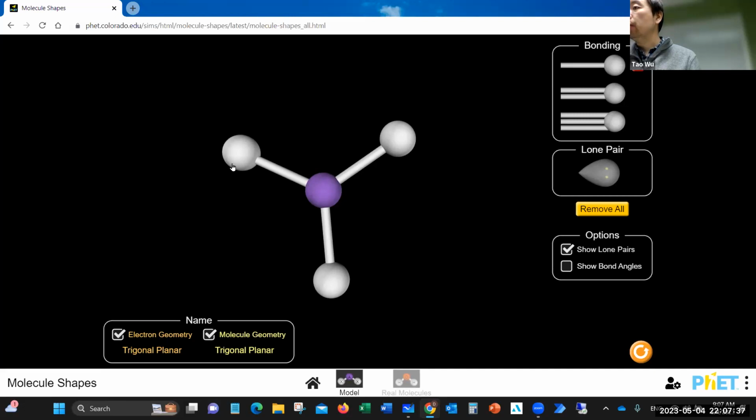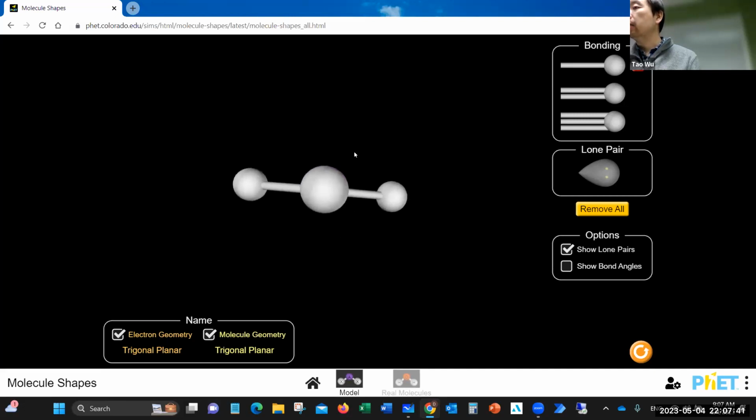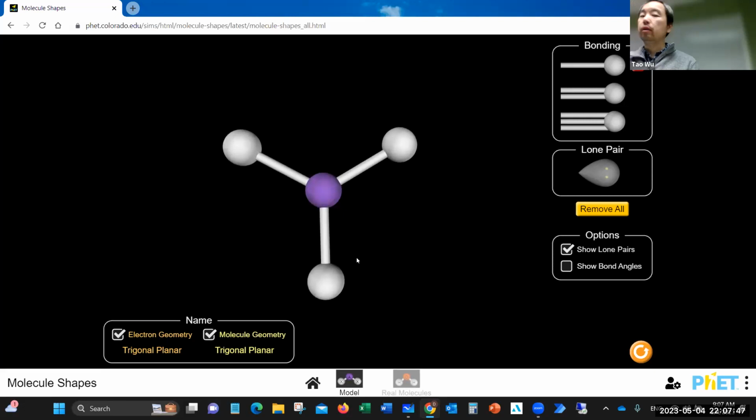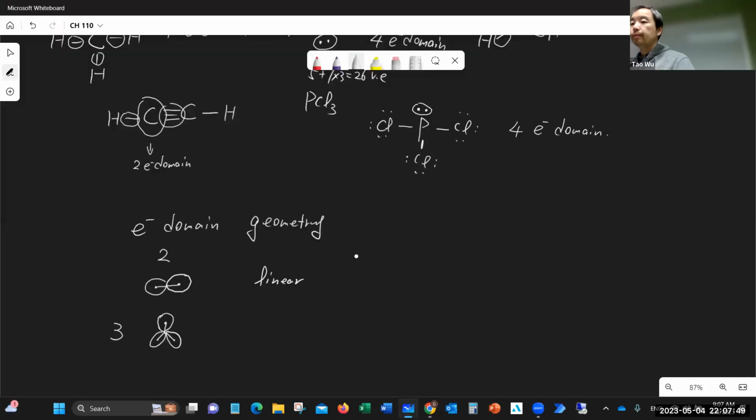Those 4 atoms are in the same plane, so that's why it's called trigonal planar.